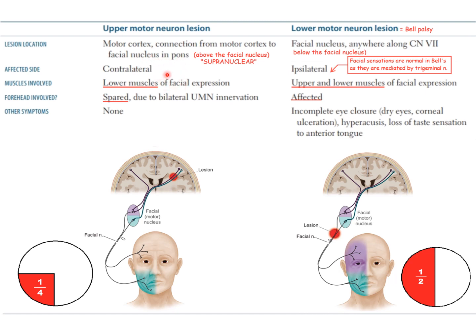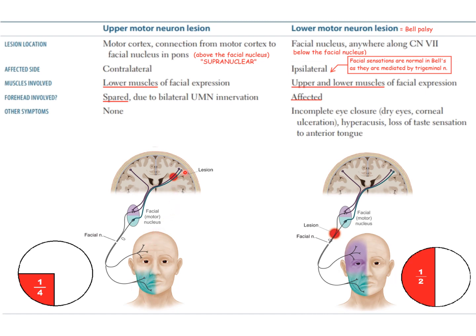Now the thing to understand is that the upper part of the face involves dual innervation, so it receives innervation from both sides. So therefore, if there is an upper motor neuron lesion, the upper part of the face is spared and the paralysis would only be seen in the lower part of the face.